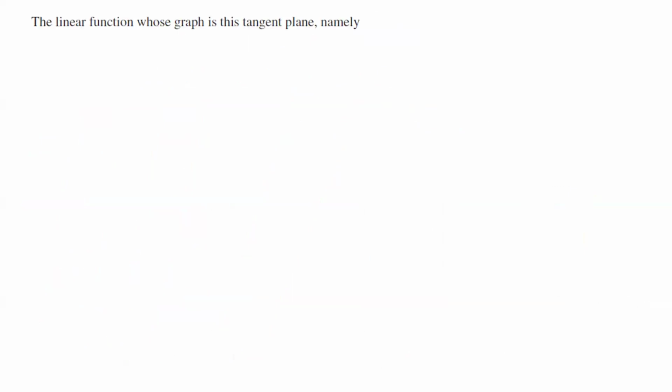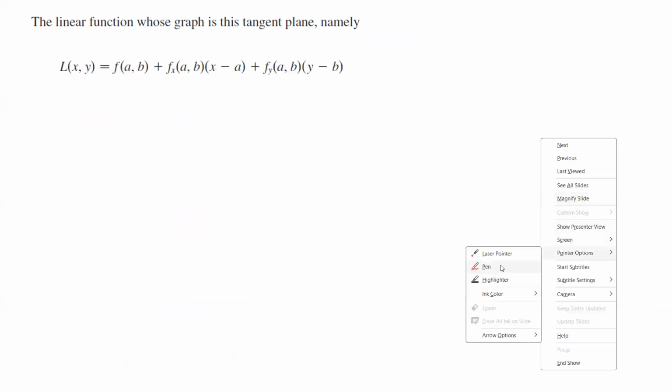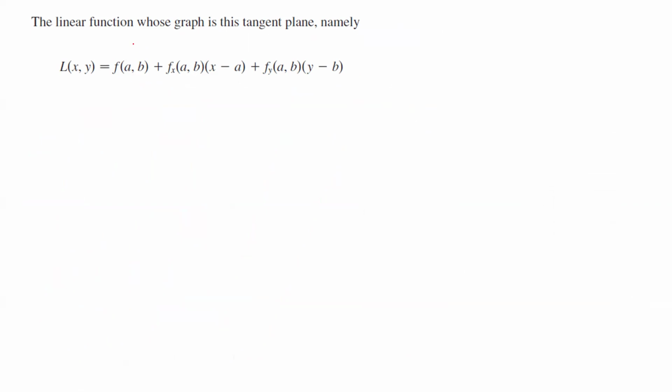The linear function whose graph is the tangent plane, namely L of x and y, equals f of a and b, which is your z value at the point a and b, plus the partial derivative of f with respect to x at a and b times x minus a, plus the partial derivative of f with respect to y at a and b times y minus b, is called the linearization of function f at a and b.